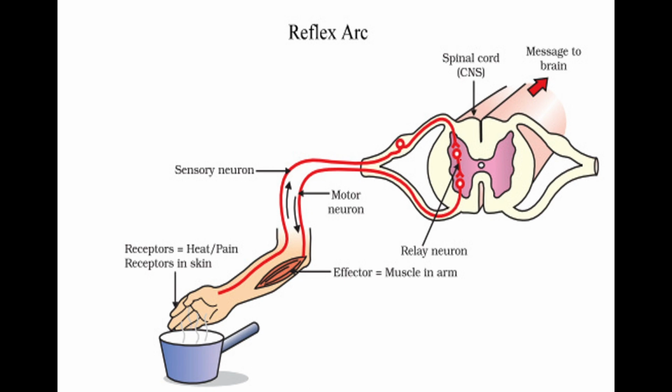Some chemicals called neurotransmitters are released. Then the relay neuron has protein receptors that will catch and bind with these chemicals. This binding will start a new message in the relay neuron to be sent to the motor neuron in order to take the action. Let's go back to the question in order to choose the right answer.